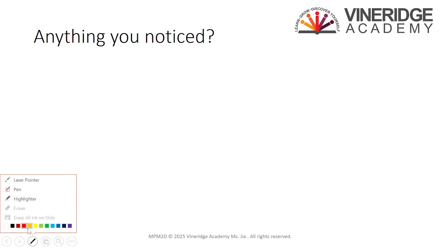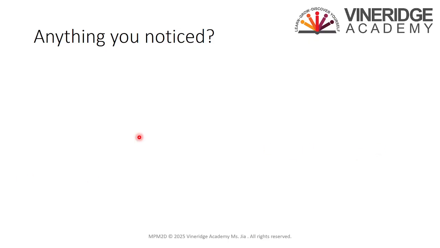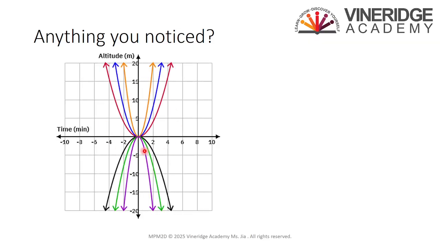So anything you noticed from your graphs? As you remember, we first draw y equals x squared, which is our parent graph, right? From that, we deviate to different types of graphs, to different a values.